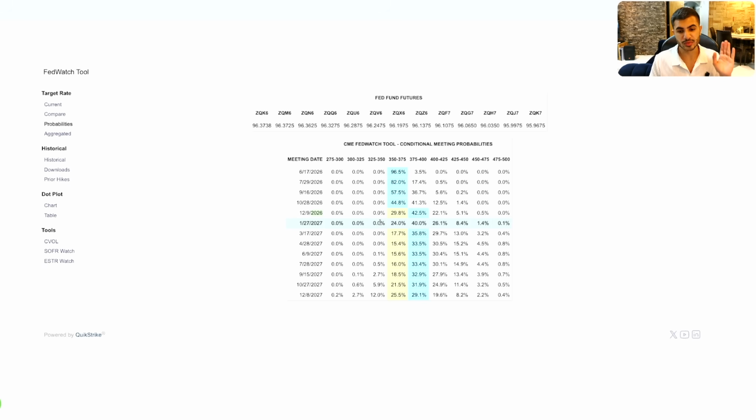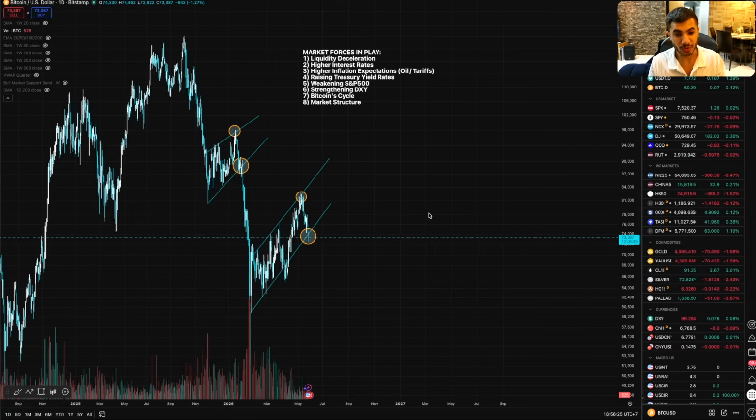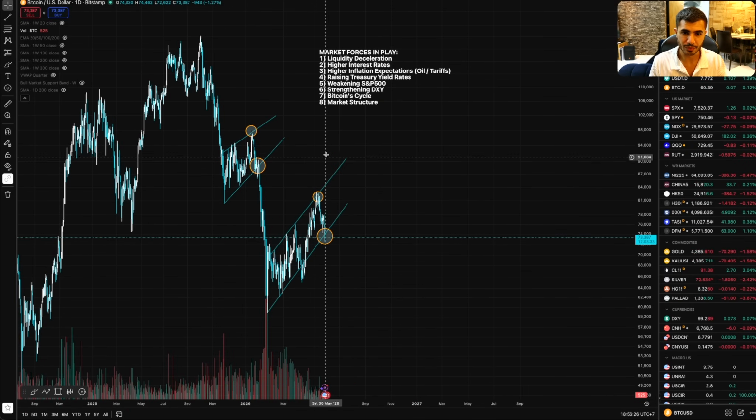The probabilities of increasing interest rates just continue to go up and up, and continue to be sooner than expected. Increasing interest rates was going to be around the end of 2027, now it's September 2026, which is accelerating very quickly to the wrong side of the bulls.